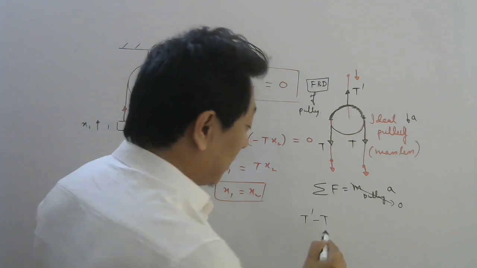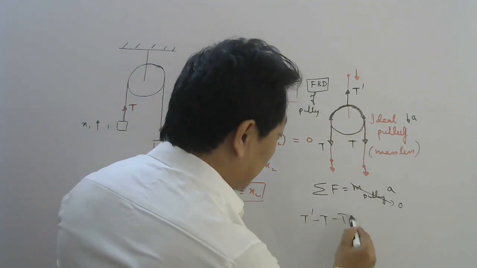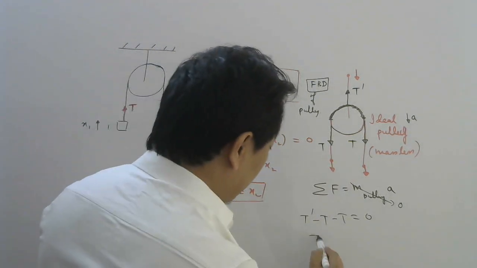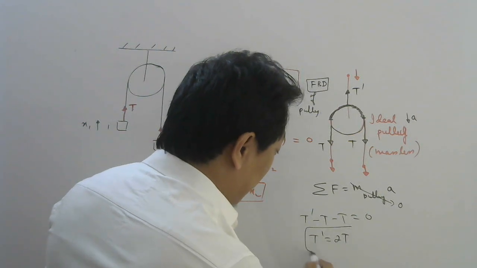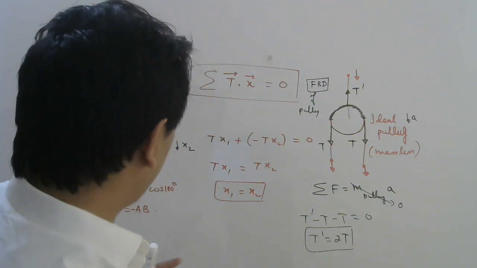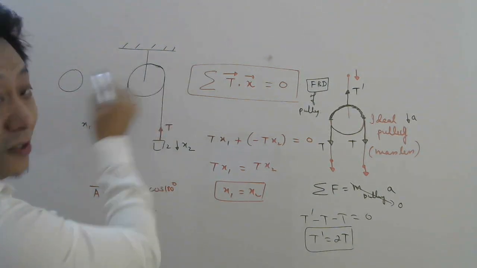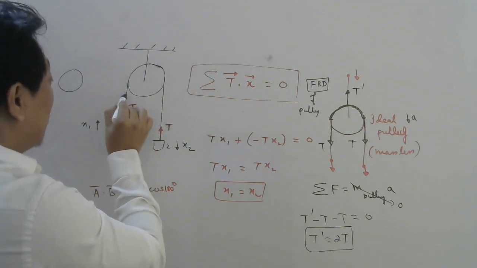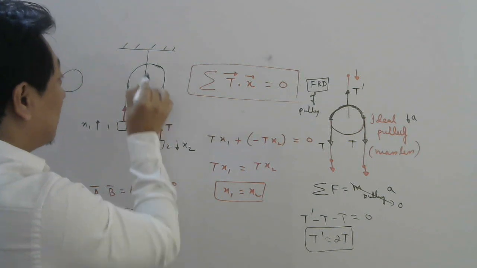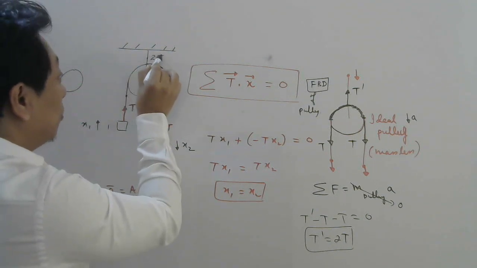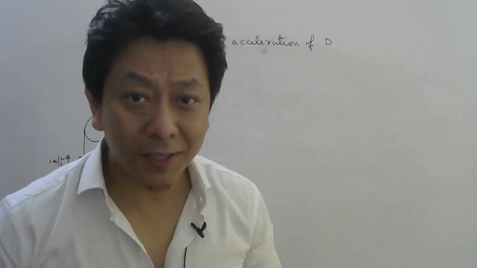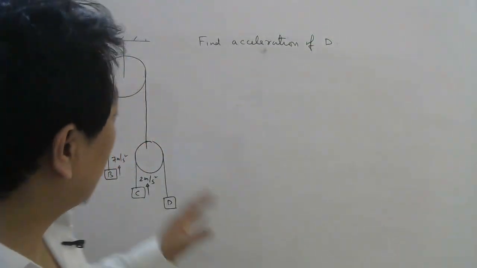T is down, minus T. This is also down, minus T, equal to 0. So T dash equals 2T. Very useful result. So next time, if I show an ideal pulley like this, and here the tension is T, here the tension is T, then here the tension will be 2T. Try to remember.